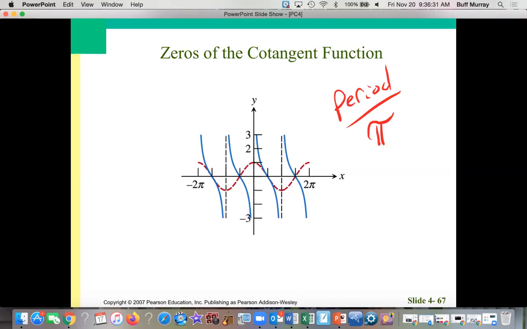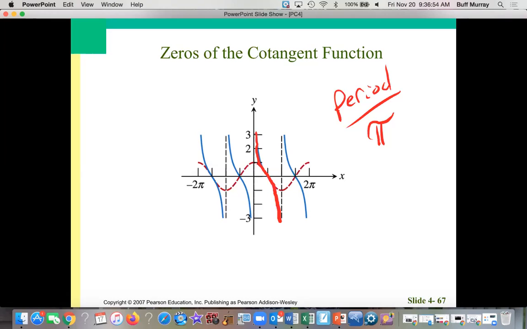We talked about that earlier. The period of tangent is pi, which means the period of cotangent is also pi. One complete cycle of tangent or cotangent is one of these little squiggles here. It does that over and over again, but that's one complete cycle.